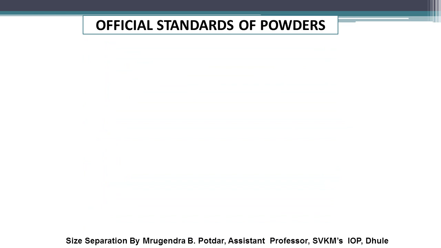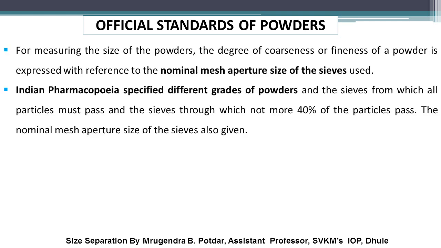Now we'll discuss the official standards of powders. Powders are classified as per the grades mentioned in the different pharmacopoeias. For measuring the size of powders, the degree of coarseness or fineness of a powder is expressed with reference to the nominal mesh aperture size of the sieves used.